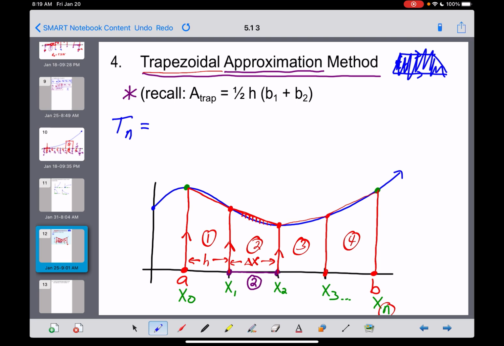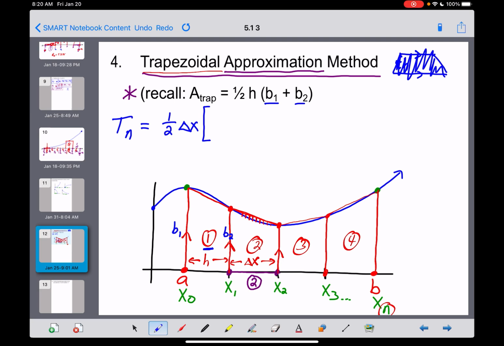So I bring all that up to say that we can bring out the 1/2 and then the height, which is the delta x, and we can bring that all the way in front of this formula and then start a big set of brackets. Okay, so what's going on right here? What we need to do in the first trapezoid right here is add up its two bases. Well, base 1 is going to be this height over here on the left, and base 2 is going to be this height on the right.